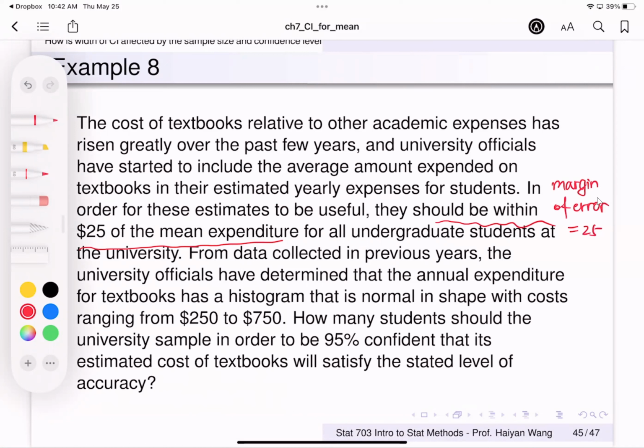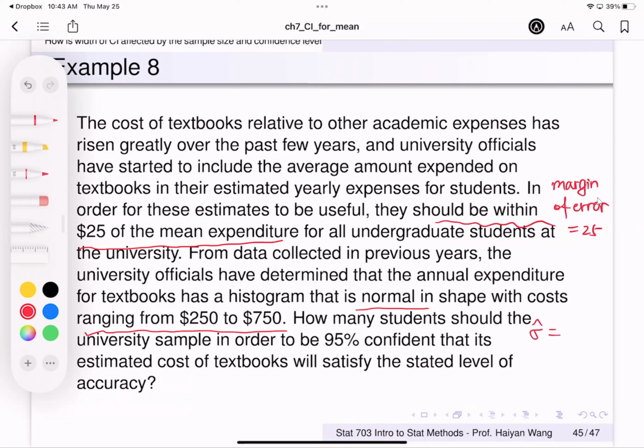So from data collected in previous years, the university officials determined that the annual expenditure for textbooks has a histogram that's normal, with the cost ranging from $250 to $750. This is from the past data, and it's normal and giving the range, so we can estimate the sigma.